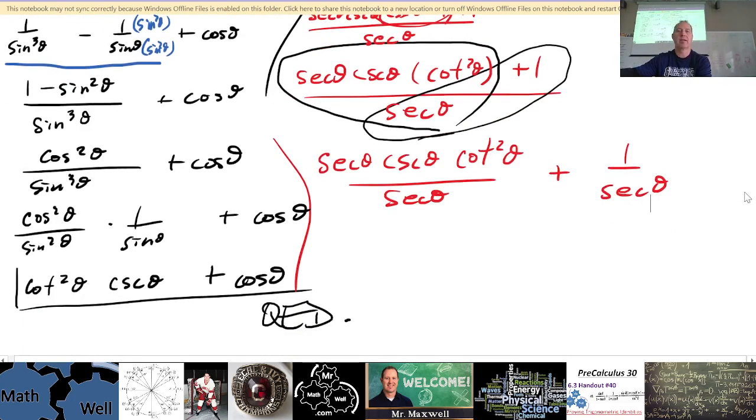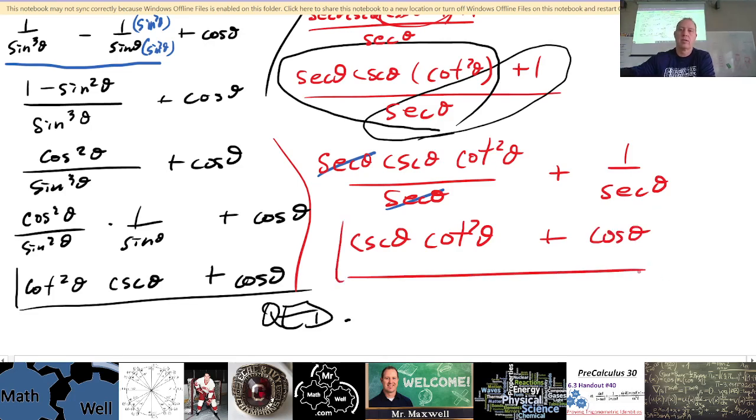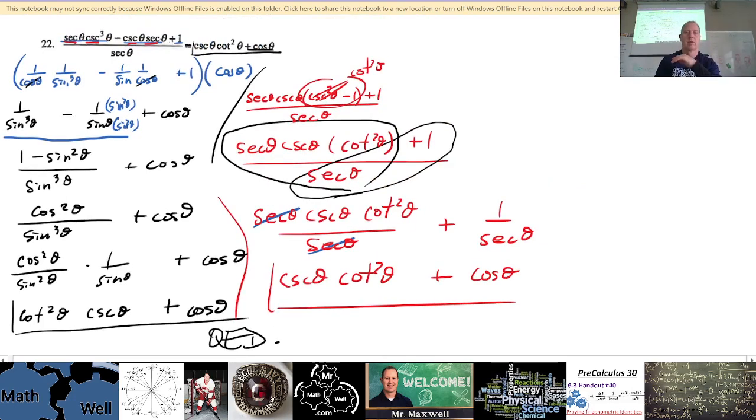And we are very close to being done here, actually, because secant theta goes with secant theta there. And I have what I'm looking for. I have cosecant theta cotan squared theta plus, and 1 over secant is cosine. So that is option number 2.